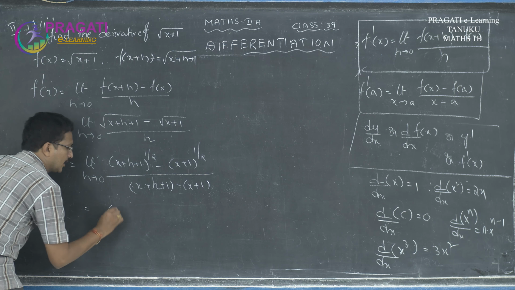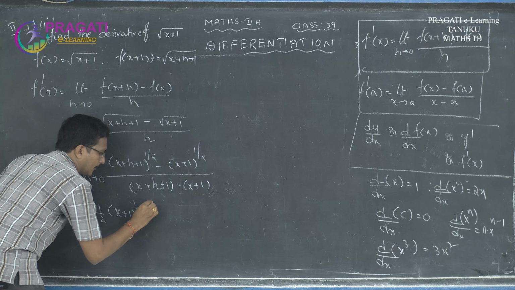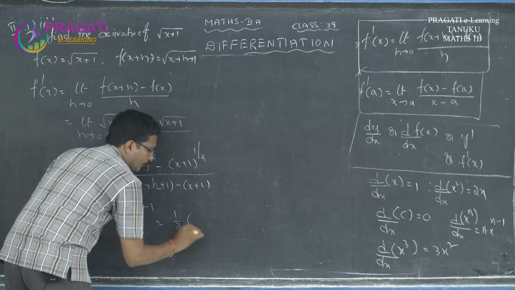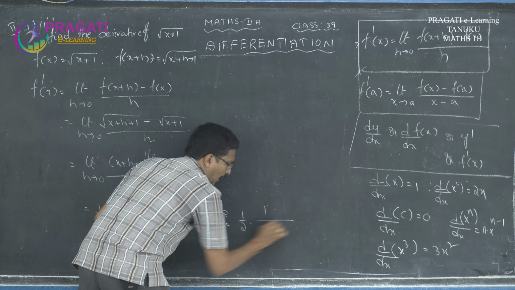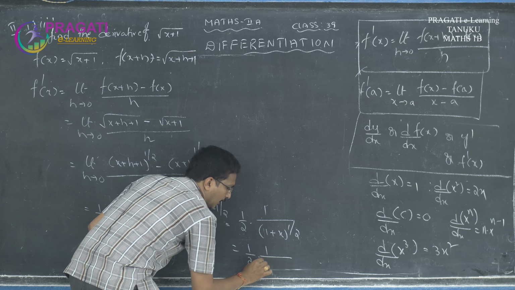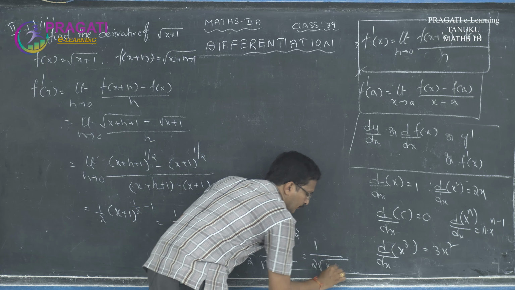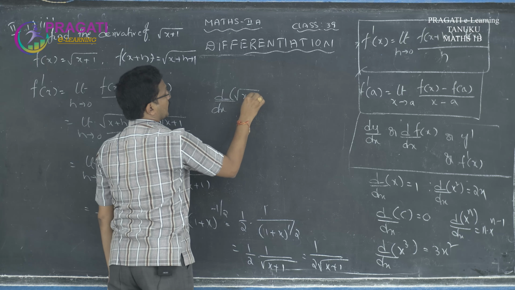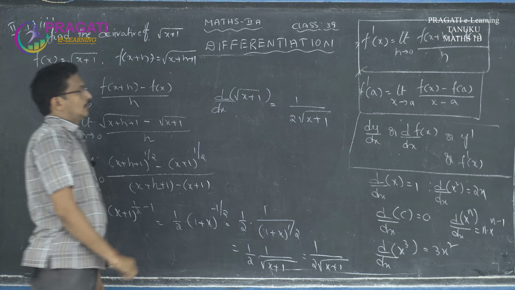What is the formula? n into a power n minus 1, that is 1 by 2 into x plus 1 whole power 1 by 2 minus 1, which means minus 1 by 2. That is 1 by 2 into 1 by root of x plus 1. Finally, d by dx of root of x plus 1 is equal to 1 by 2 into square root of x plus 1.